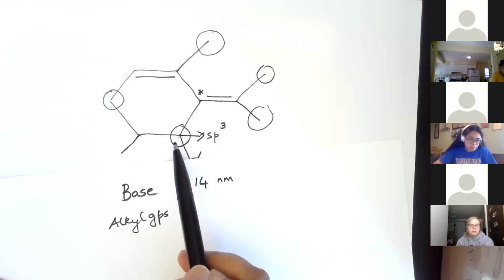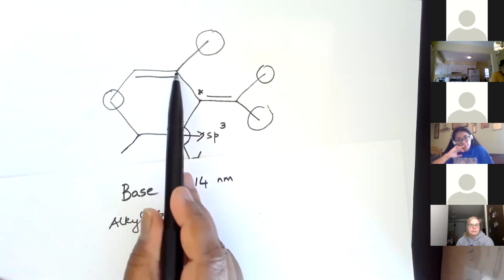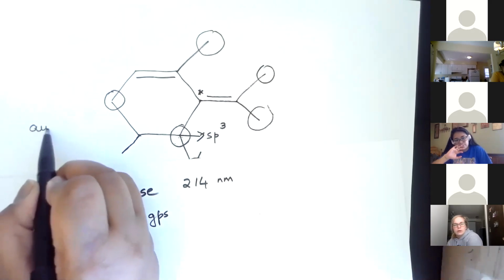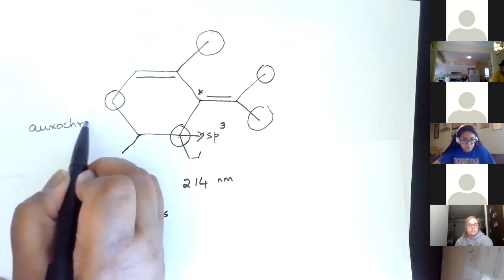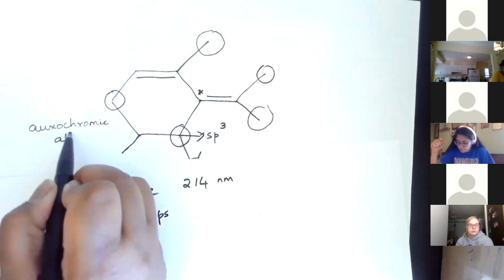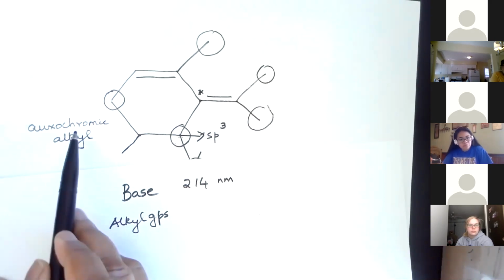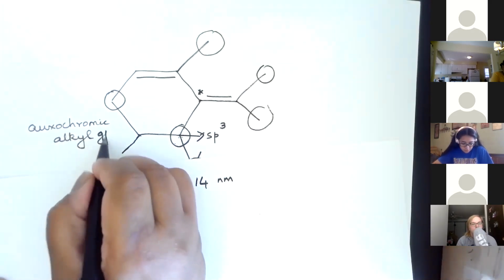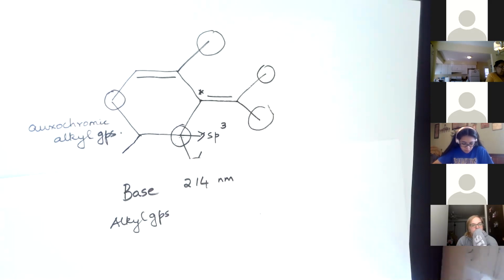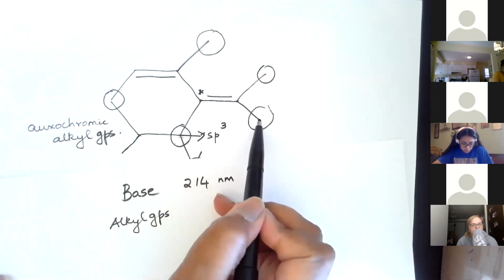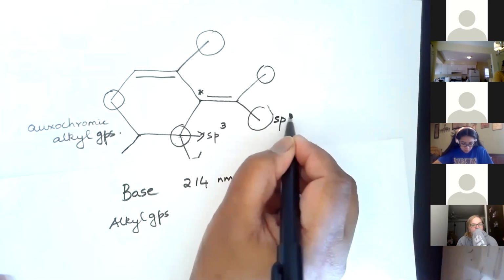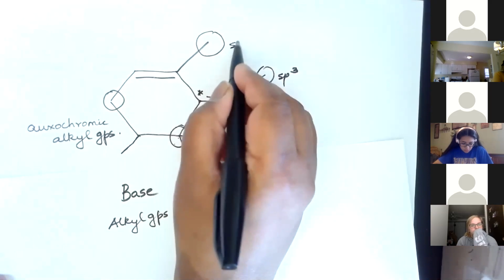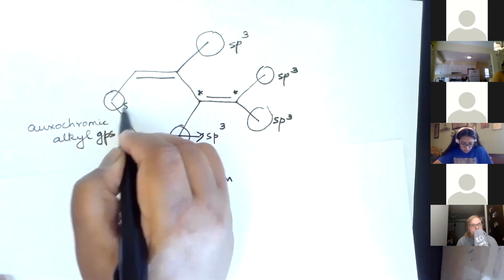Okay, you should have an sp2 and you have an sp3. I have one sp3 here. I do not have an sp3 there. That's sp2, so it's not considered an alkyl group. Okay, they call it auxochromic. That means you're getting some kind of an effect from the pi bond. sp2, there's an sp3. sp2, there's an sp3. sp2, there's an sp3.